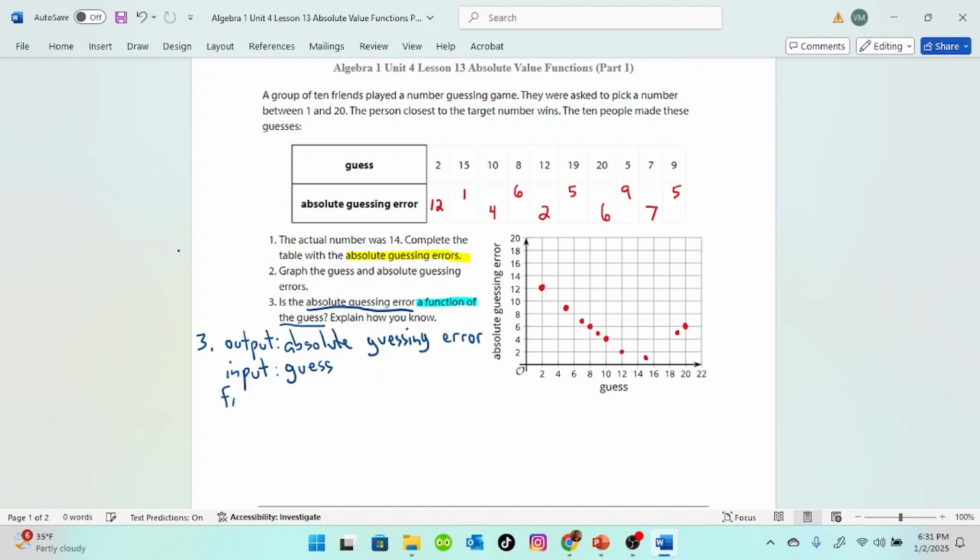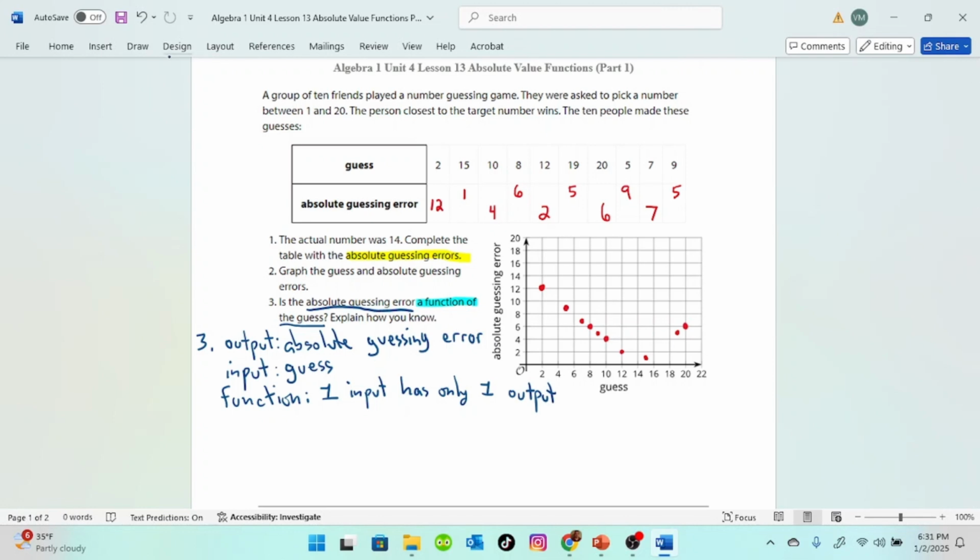Remember that a function, one input, has only one output.